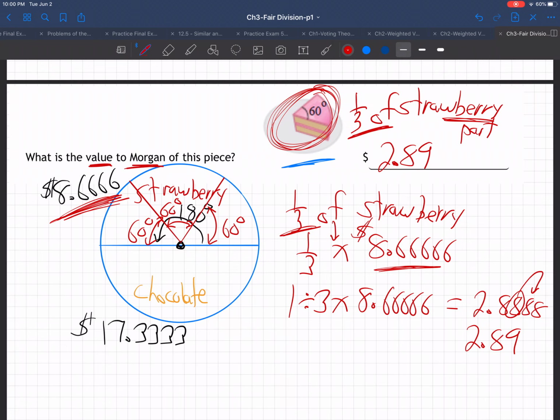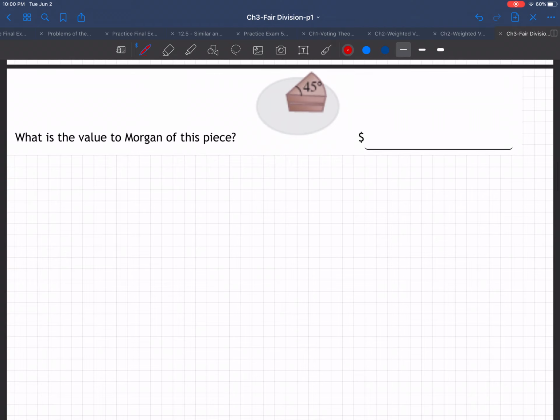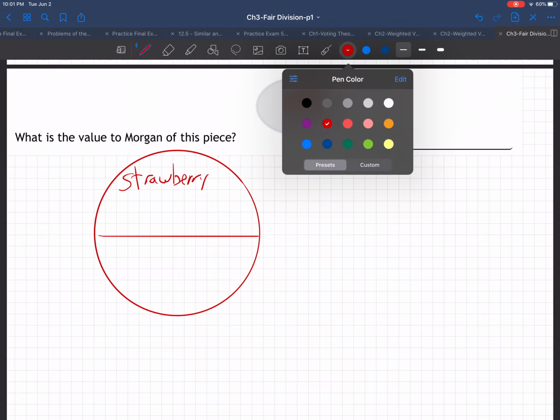Now the same thing applies for this next and last question. They're giving us a 45-degree chocolate part. So let me again try my best to draw a circle here. Okay. And so we have the strawberry part up here still, and down below, we're going to have the chocolate part.